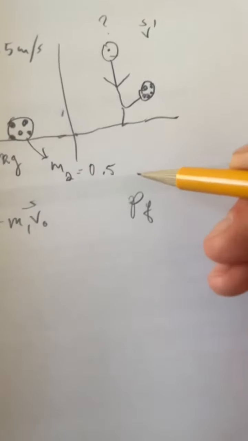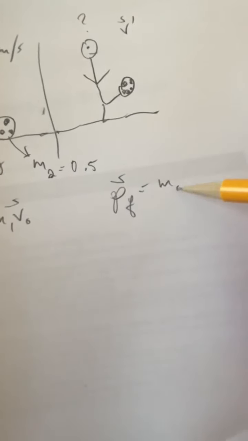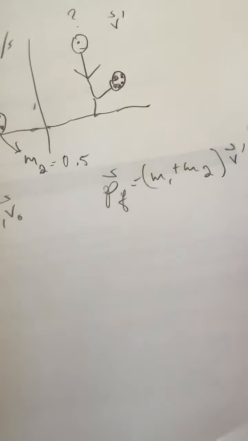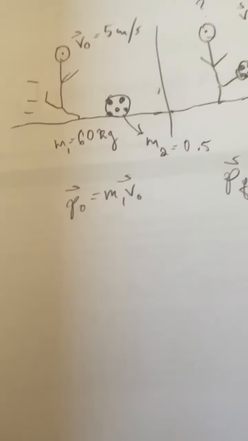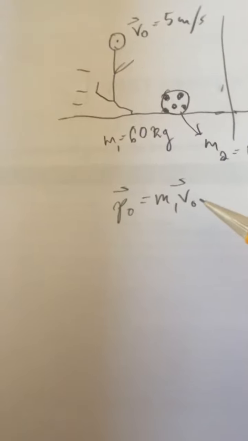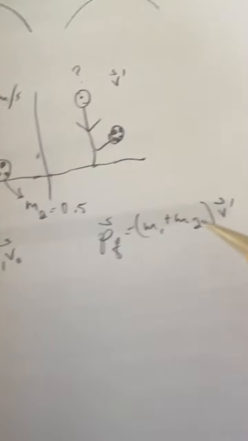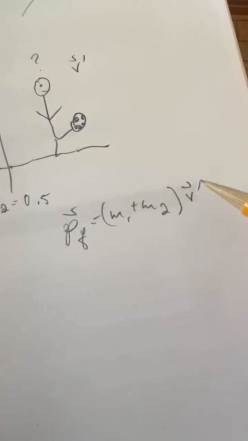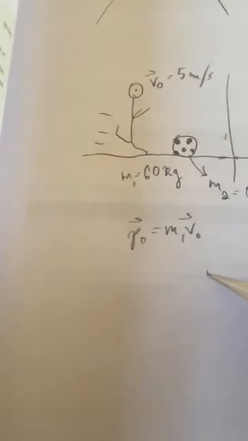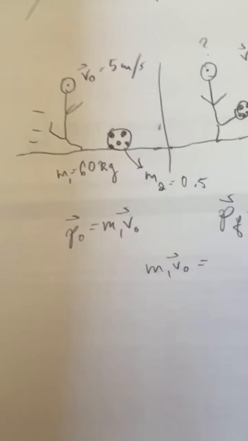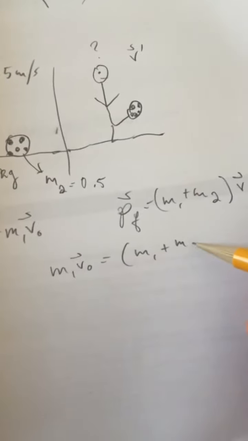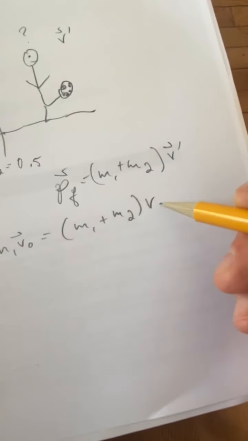So p final is going to be m1 plus m2 times v prime. But what we know is that these two momenta are going to be equal to each other, because the momentum is conserved. So if we want to know what the new velocity is, that's relatively simple to calculate. We just do m1 v naught equals m1 plus m2 times v prime.